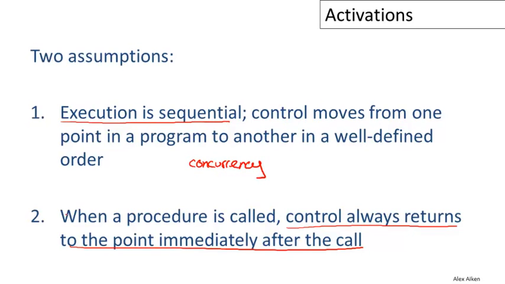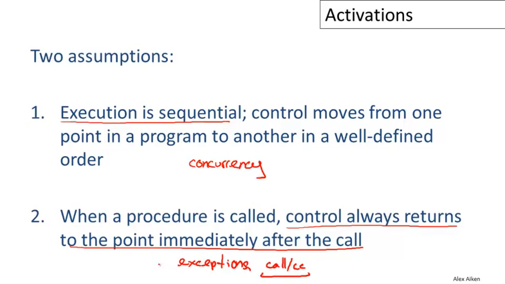And for assumption two, advanced control constructs, things like exceptions and call CC. If you happen to know what call CC is, it's not important if you don't. These kinds of constructs that affect the flow of control in fairly dramatic ways can violate assumption two.